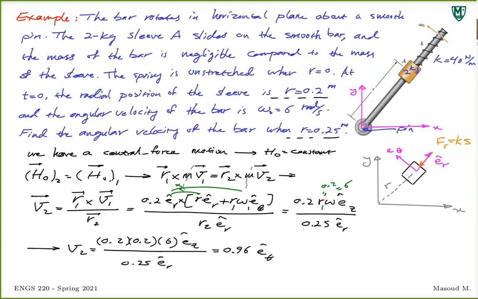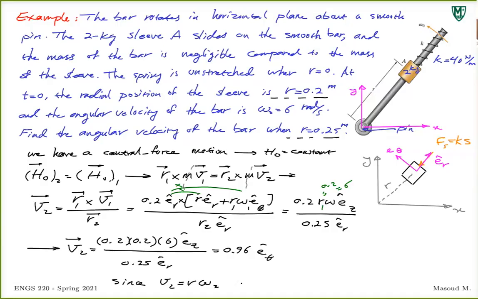Now, once you get your V2 as a vector, right? We are trying to find the angular velocity of the word. I hope this procedure made more sense than what I was doing before. So once you get V2, you can find omega 2, right? Angular velocity at point. Once you know velocity, this is V. So V2 is R2 omega 2, right?